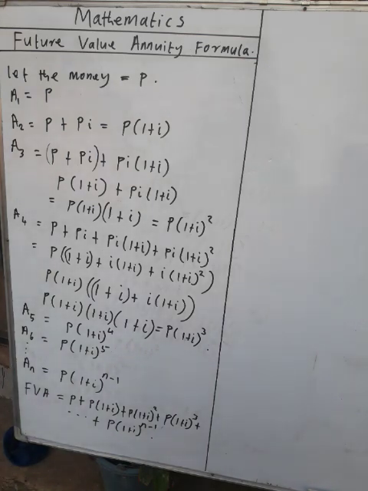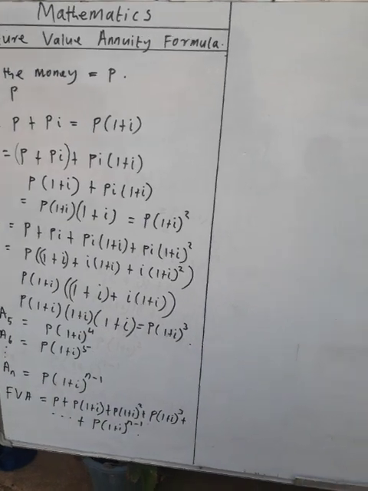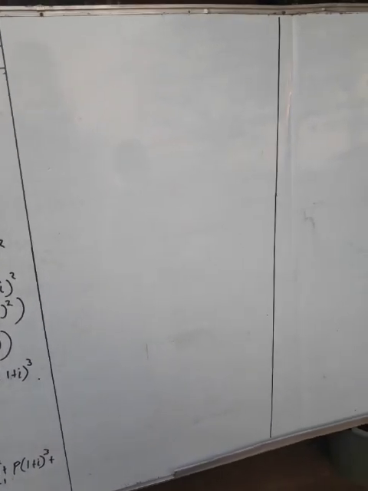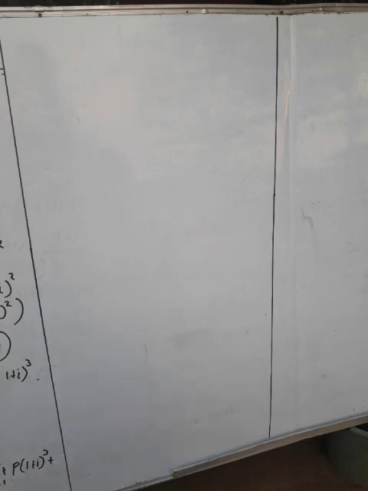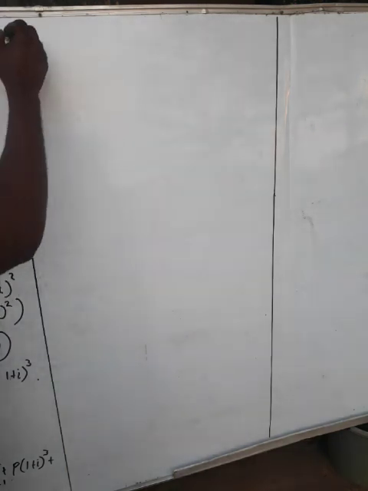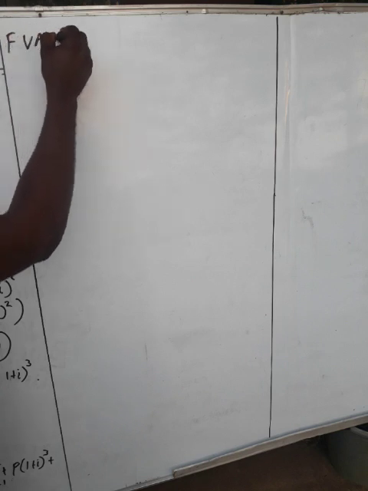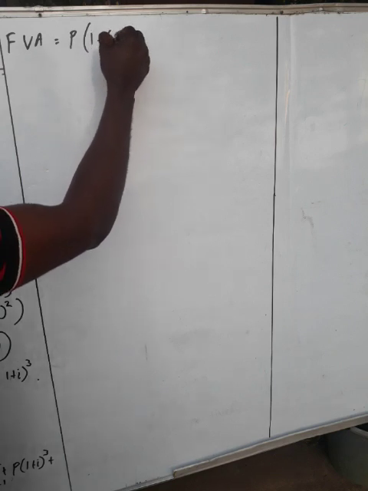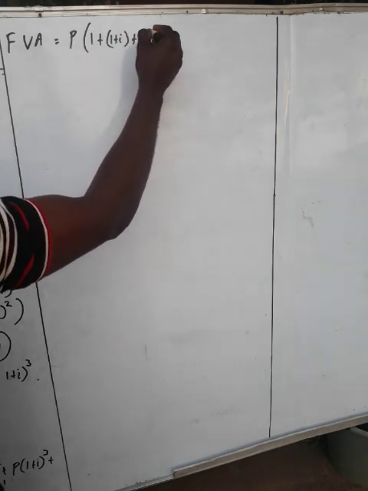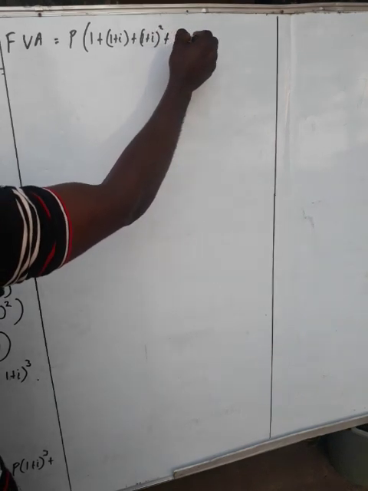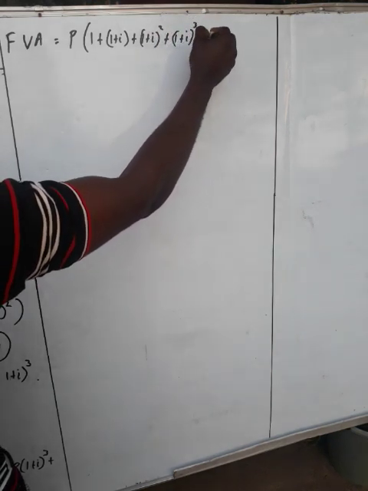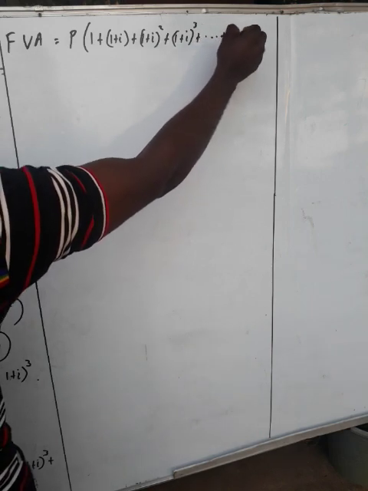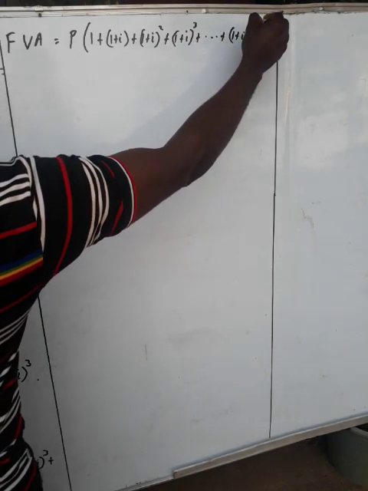So we are going to sum this future value annuity. Remember, if I factor out P in all of them, my future value annuity is going to be P[1 + (1 + i) + (1 + i)^2 + (1 + i)^3 + ... + (1 + i)^(n-1)].